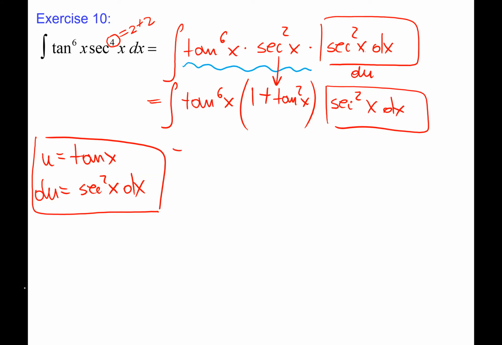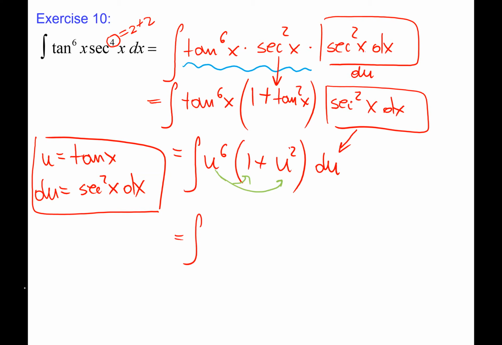Let's do the u substitution. This is u to the power of 6, and this is u to the power of 2, and of course this is my du. What we will do is distribute, because we don't really have a product rule.